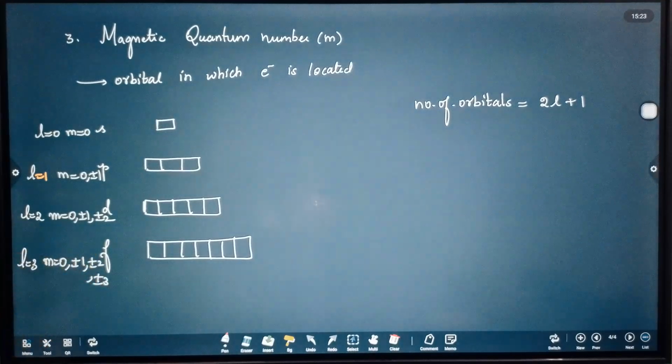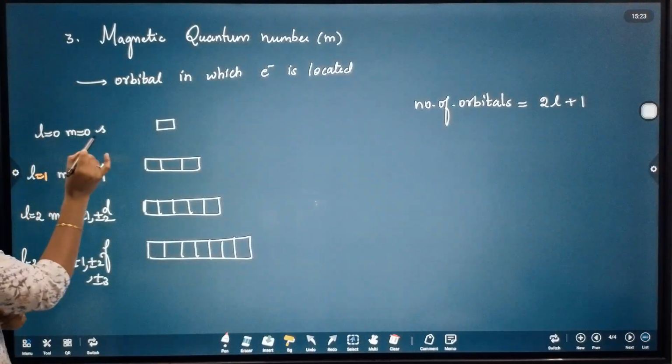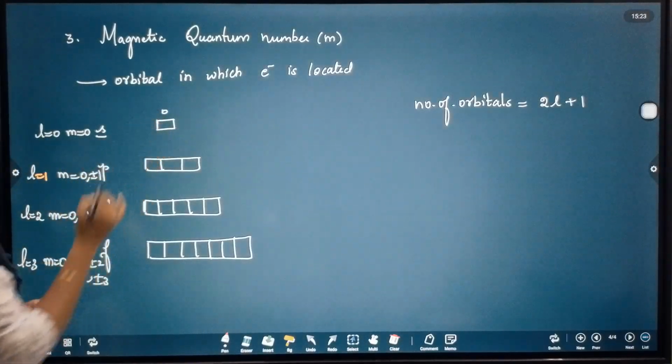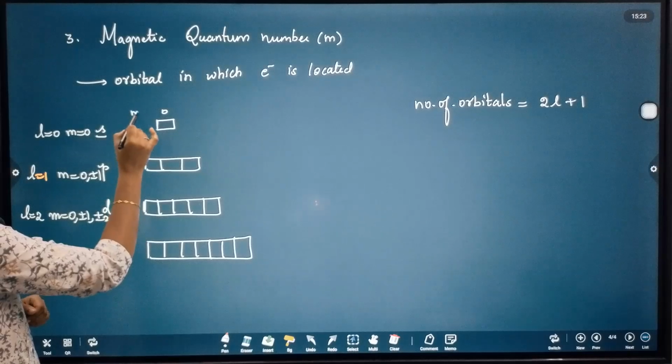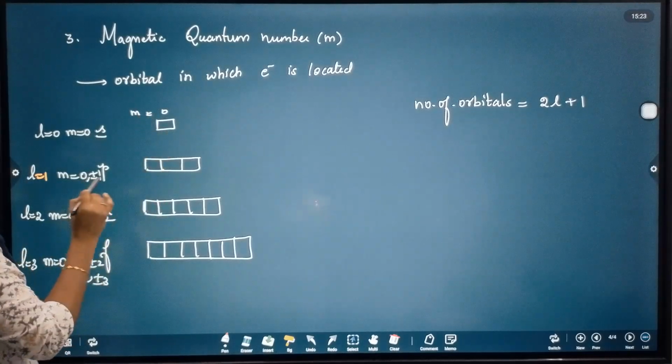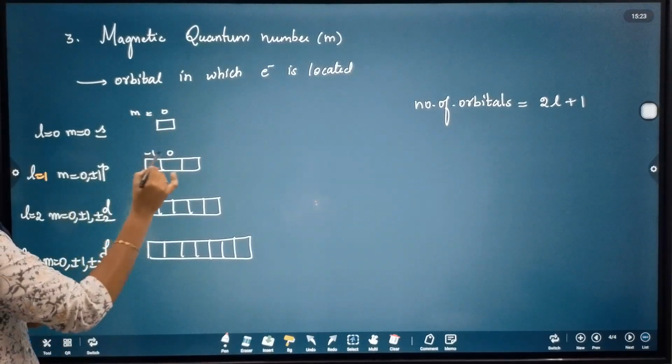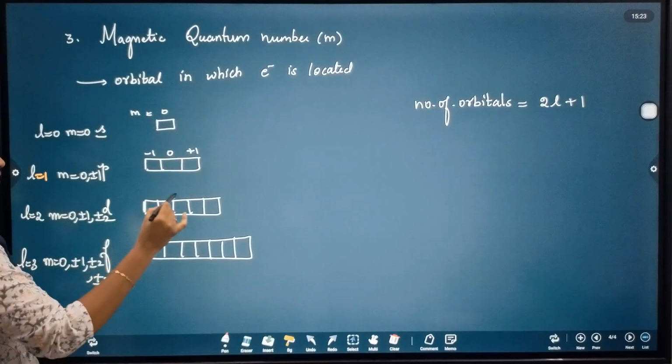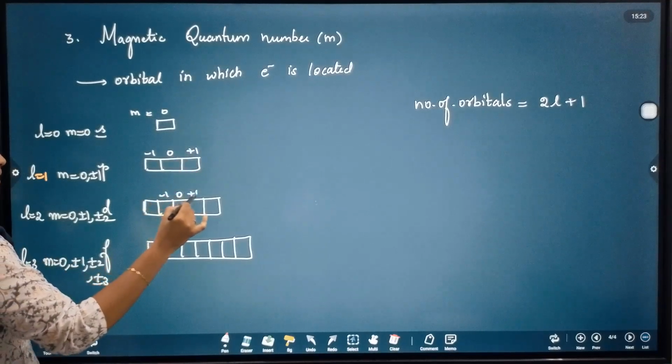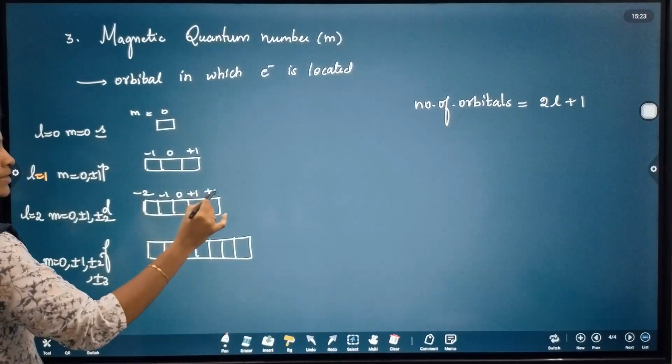So we are going to assign now. If it is the s subshell, the m value is always 0. For p, it is 0, minus 1, plus 1. For d, it is 0, minus 1, plus 1, minus 2, plus 2.